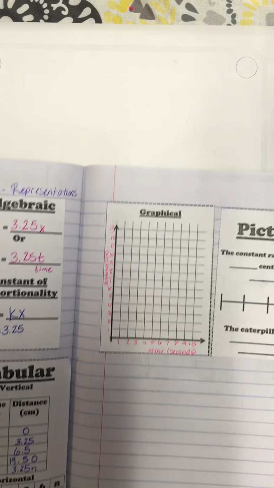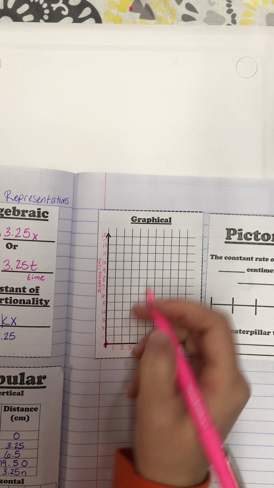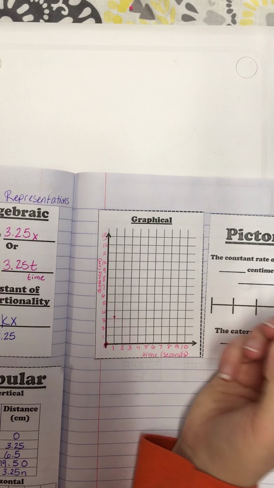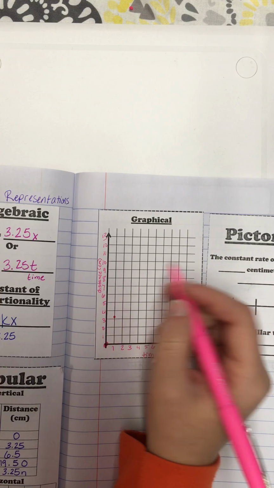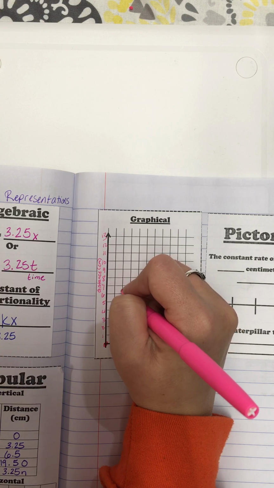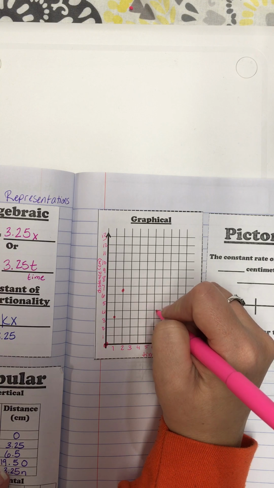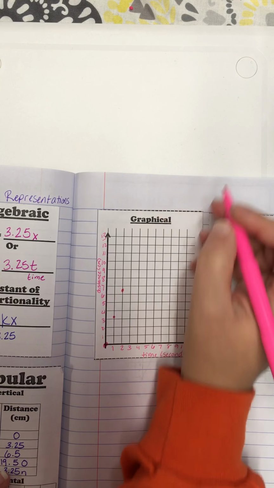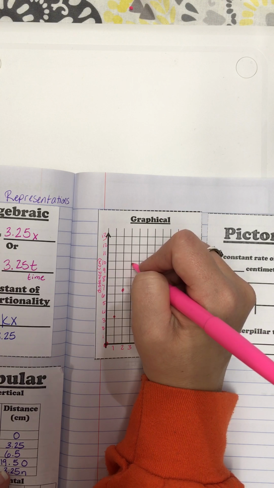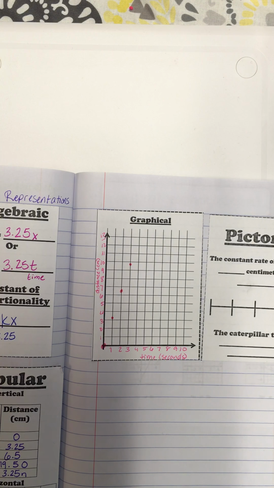All right. And graphing our points, we had 0, 0. Then we had 1, 3.25, which is going to be slightly above the 3, about a quarter of the way up. And then we had 2 and 6.5, which is halfway between the 6 and 7. And then we jumped all the way to 6 and 19.5, which I cannot graph. But earlier we did 3 and said that 3 was 9.75. So that's going to be 3/4 of the way between the 9 and the 10.